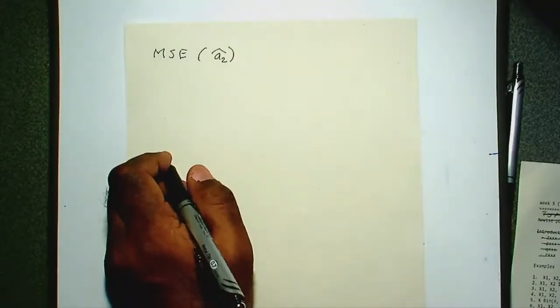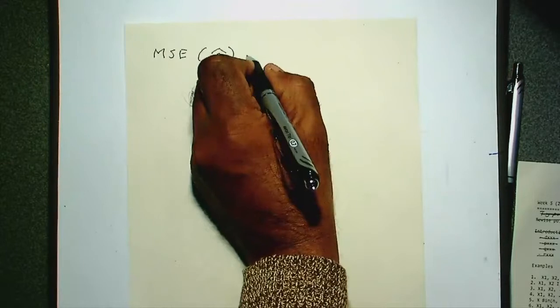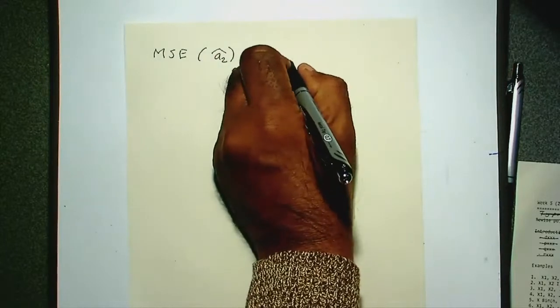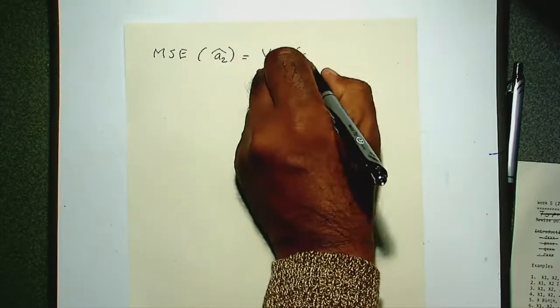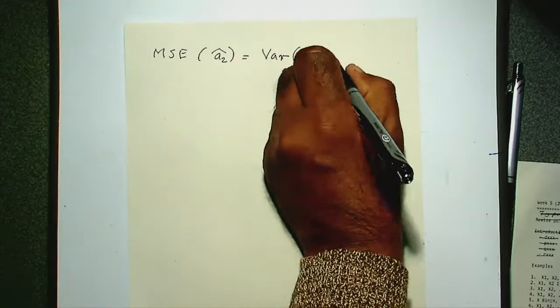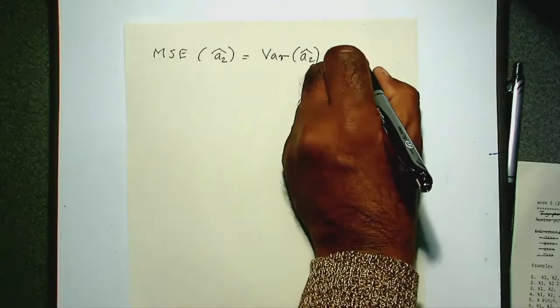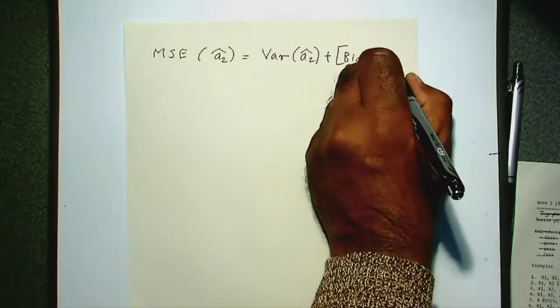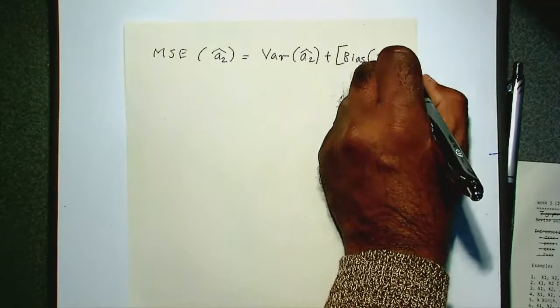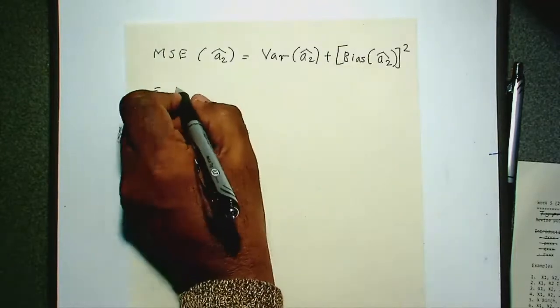Okay, so it's going to be the variance of A2 hat plus the bias, the square of the bias. Okay, so this is the variance.